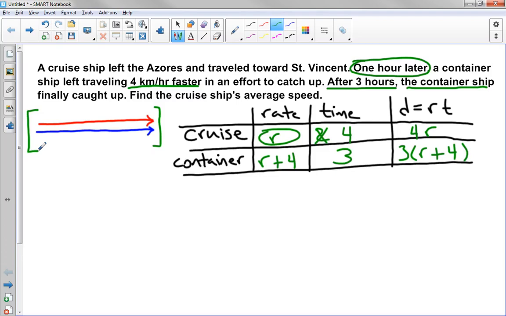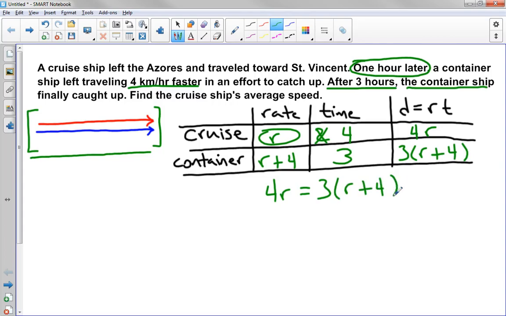However, if you pay attention to this diagram, you'll see that the cruise ship and the container ship traveled the same distance, because the container ship left from the same spot and then caught up. And the words that I just said represent an equation. Their distances are equal. So I can write 4r, the distance that the cruise ship traveled, is equal to the distance that the container ship traveled.